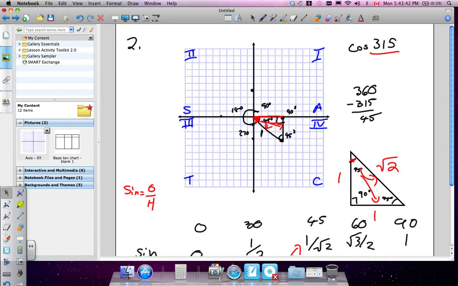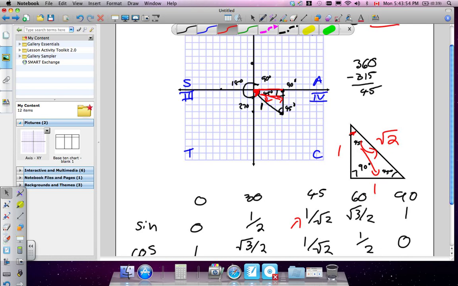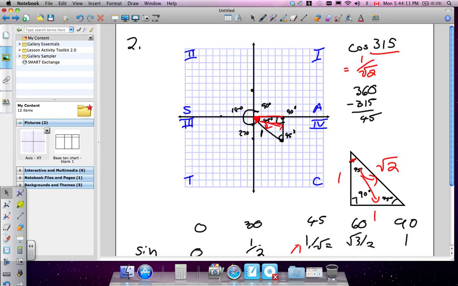In this quadrant, would sine have been a positive answer? No. Is cos a positive answer? Yes. So cos 315 is equal to 1 over root 2, positive because cos is positive. If they'd asked me for sine 315, it would have been negative 1 over root 2. Does that make sense? That's the whole idea with tying it into the triangle.